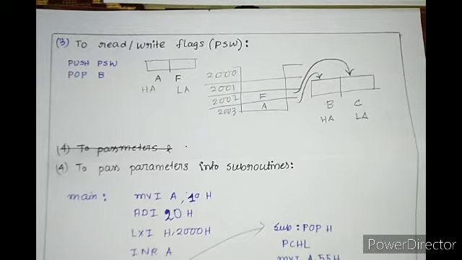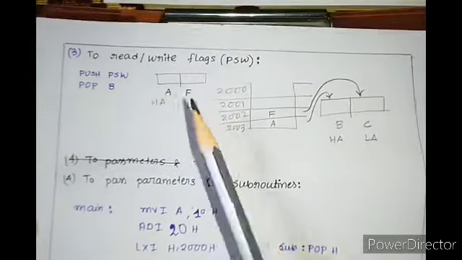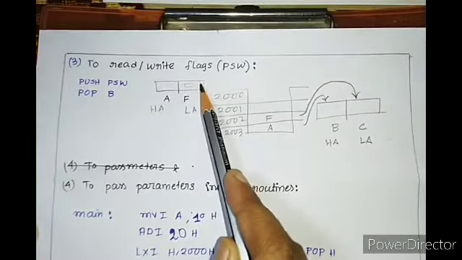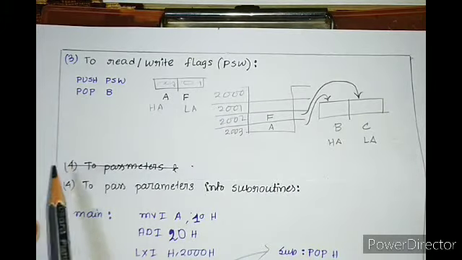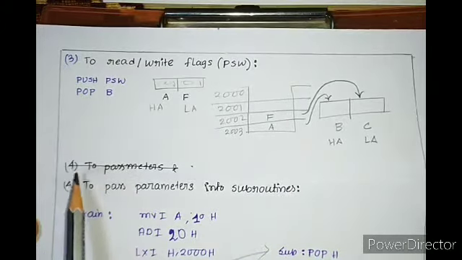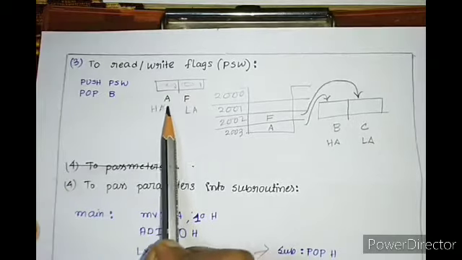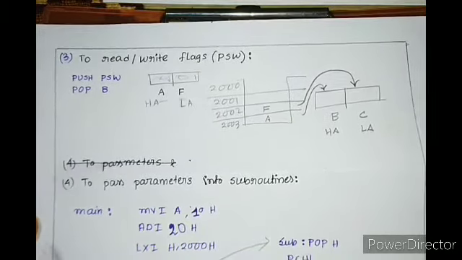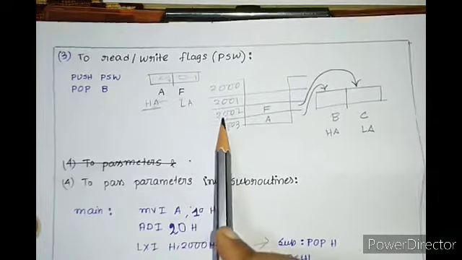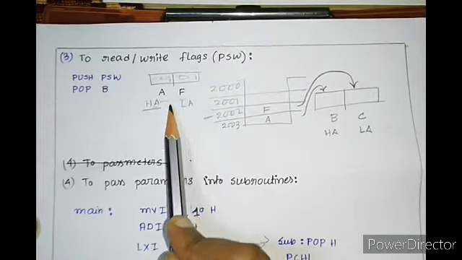This can be done. In AF, in F probably there is a value 0, 1 and so on, and I don't care whatever the value is in A. Push PSW means the value of AF will be pushed in the stack. This is your higher address, this will get stored there. This is your lower address.